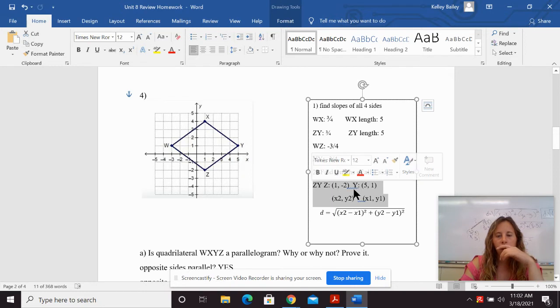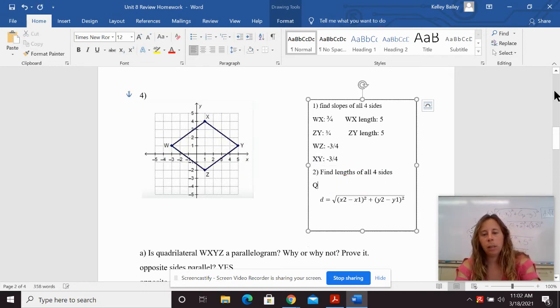So let's do WZ. Okay, you can either do it the way we did the first time, where you just substitute in the change in X and the change in Y, or you can do the points.